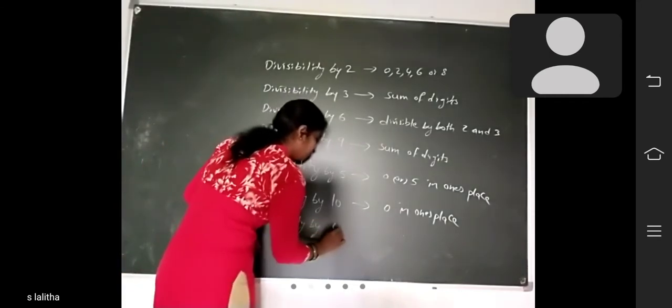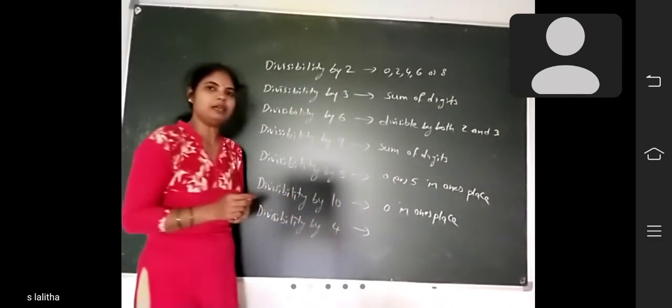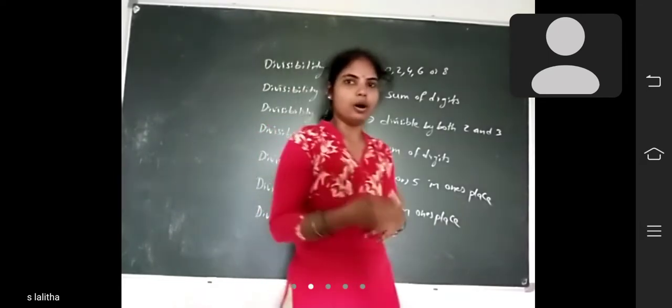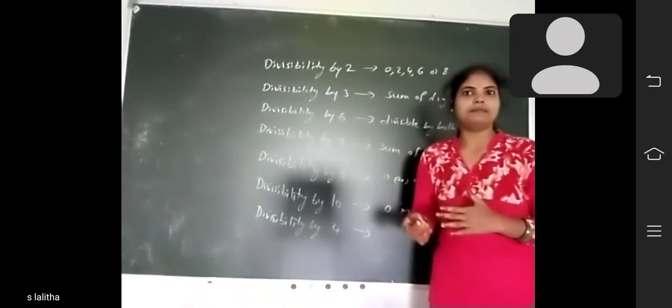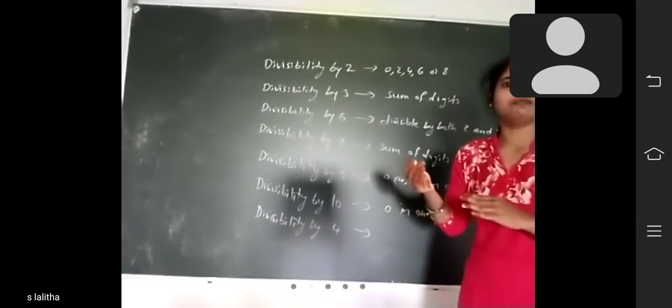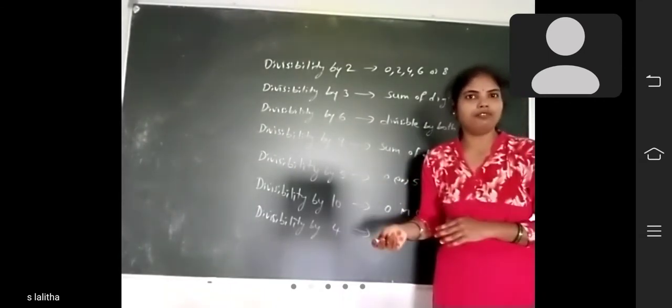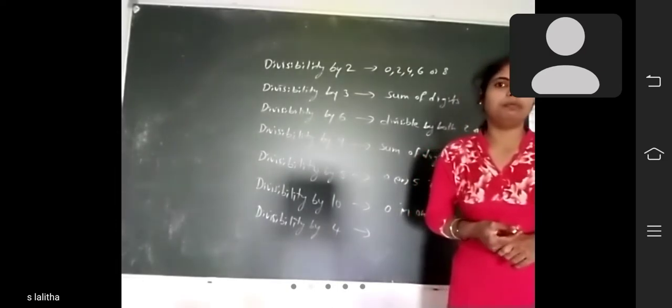Divisibility by 4. What is the rule? If the number has 3 or more digits, you have to first observe the last 2 digits, that means the ones place and tens place. If the last 2 digits are divisible by 4, then the whole number is divisible by 4.